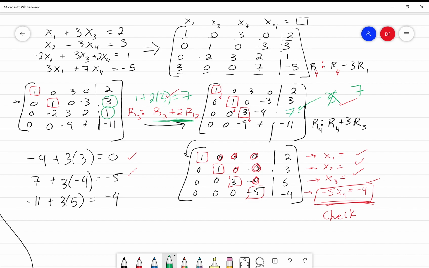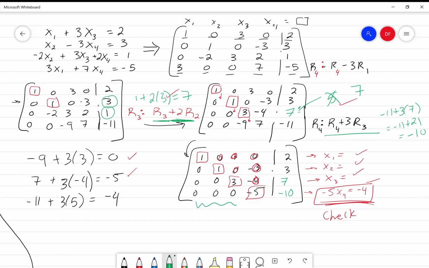to 7, then when I do R4 plus 3R3, I will get R4 is negative 11 plus 3 times 7, which is negative 11 plus 21, which is negative 10. So this number here should be negative 10, and this number here should be 7. Okay?